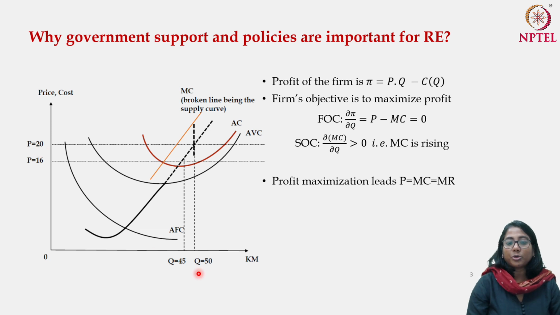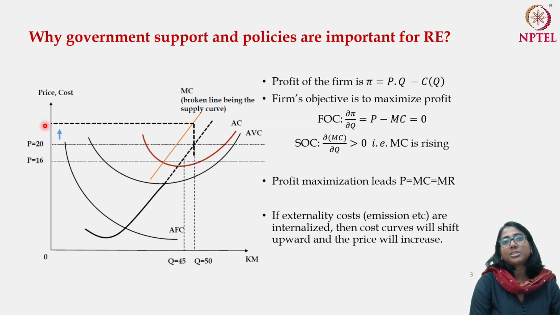If the farm has to produce Q equal to 50 and supply that in the market, then the price needs to go up from P equal to 20 to this point. As a result, what we are trying to say is that if all the external costs are internalized by the farm, then all the cost curves will actually shift upward, leading to a situation where the price of output in the market rises.